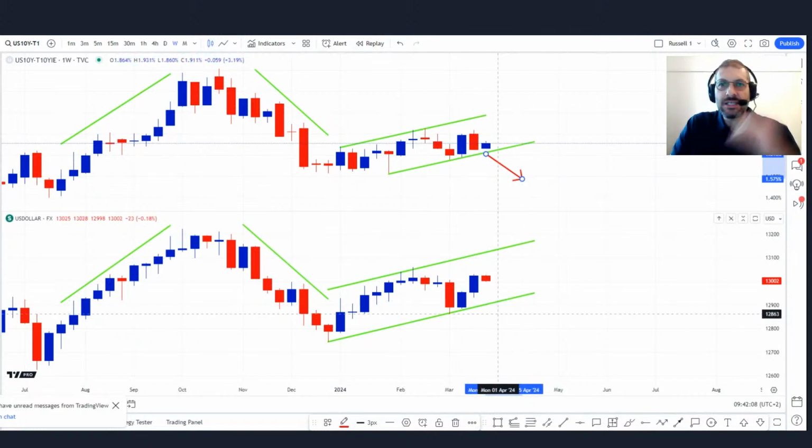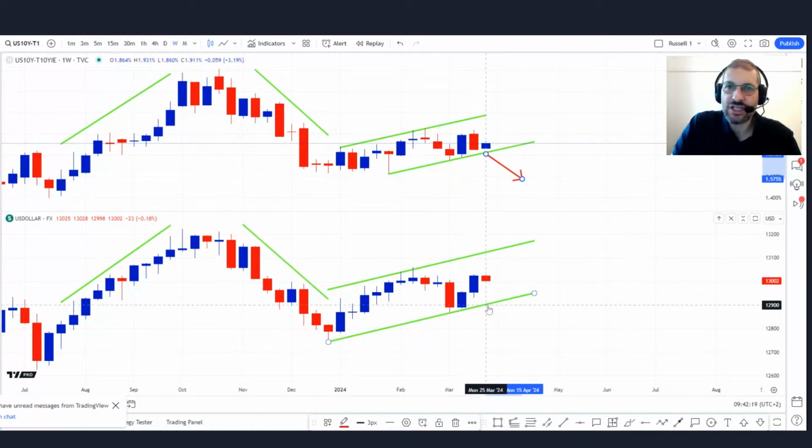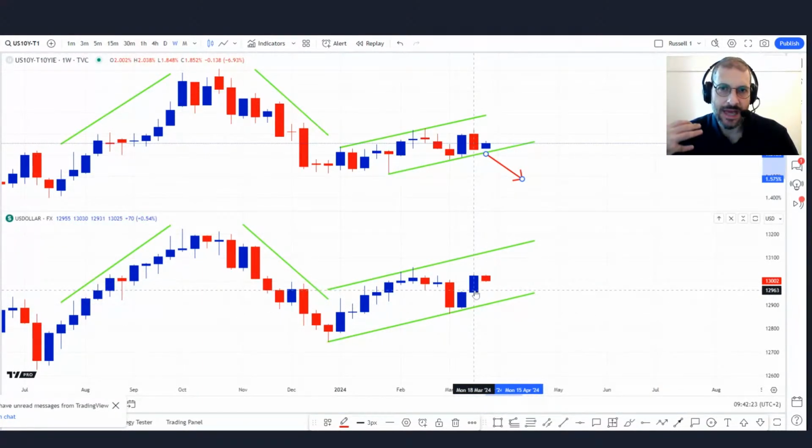We're waiting just to see if the US dollar comes down as well. I would expect that if the real rate does move down, it should bring the US dollar with it. The reason being that yield is a key driver of US dollar valuation, right?